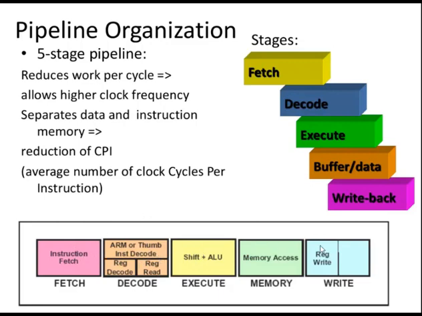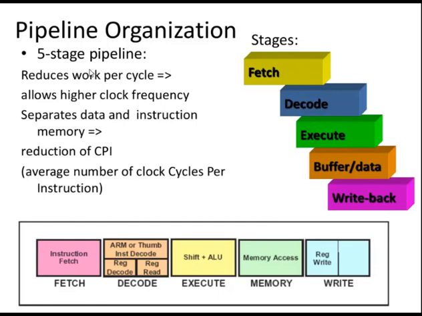Register read, register decode, and ARM or Thumb instruction decode are carried out in the decode stage. In the execute stage, the shifter and ALU are working. Memory access is carried out in the memory stage. Then finally, register write is carried out in the write-back stage.